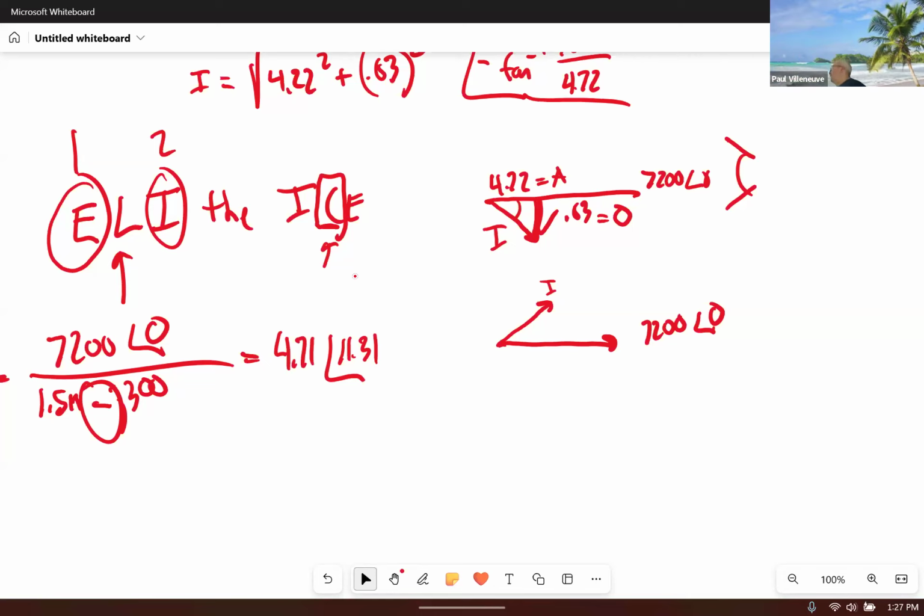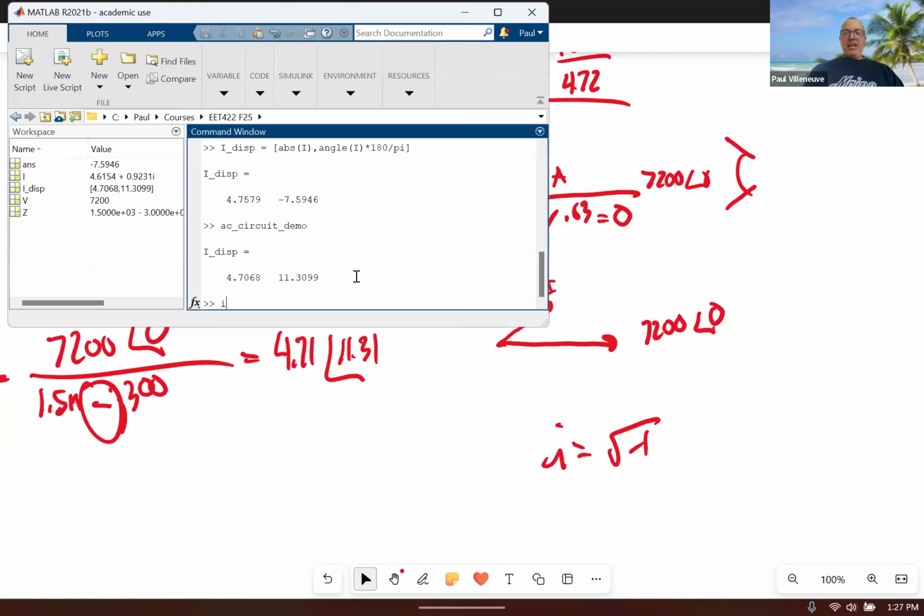Just like the letter I is current, the square root of -1 is J. Why don't we use I for the square root of -1? Because I is current, so we use J. Because I is so commonly used, if I go to MATLAB and type in I, it gives the square root of -1, and the same for J. So you can see that I and J are already predefined in MATLAB.